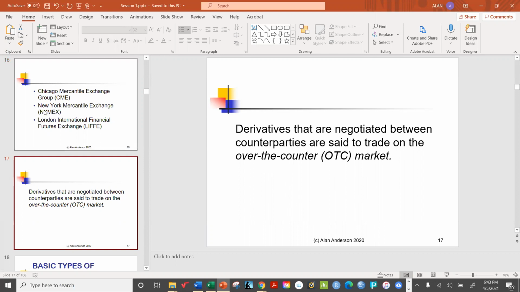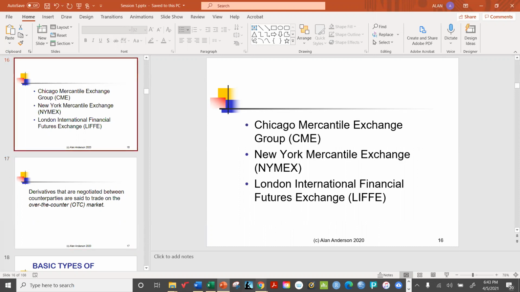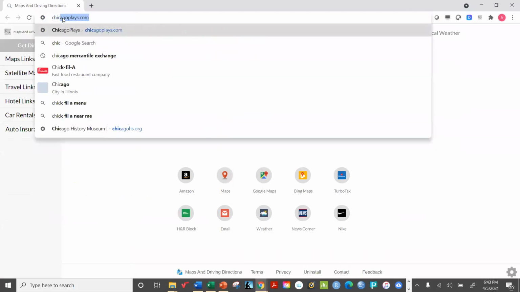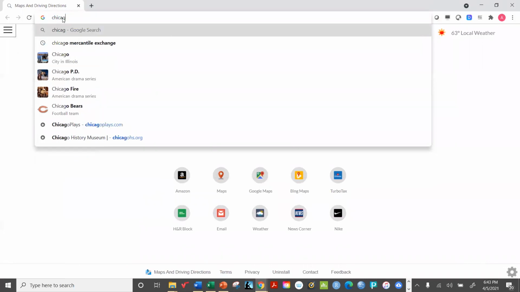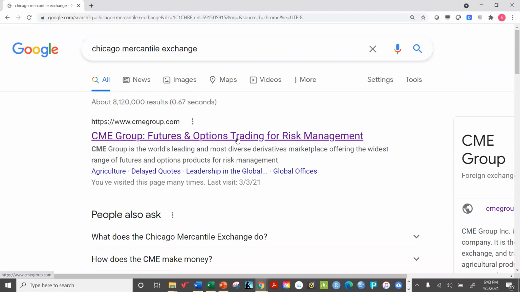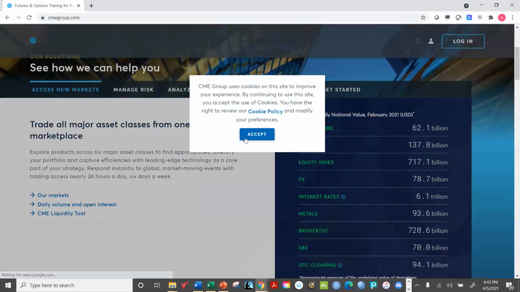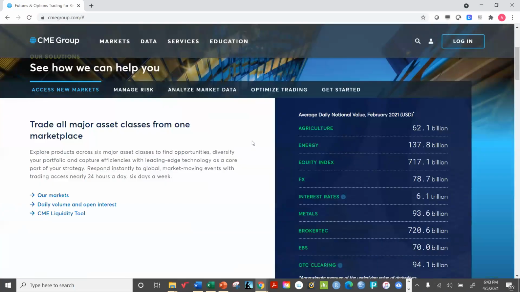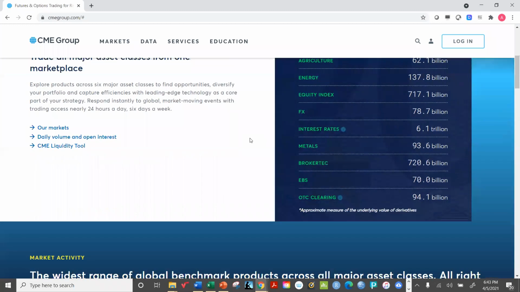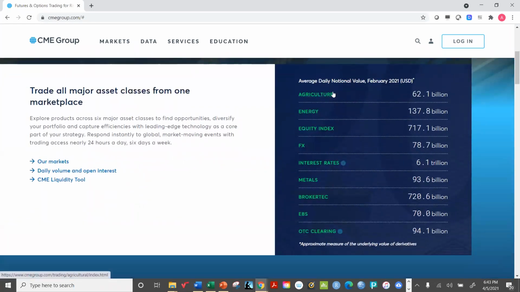Now, what I'd like to do, though, is show you the website for the Chicago Mercantile Exchange real fast. This is one of the biggest in the US, if not the biggest derivatives exchange in the United States. And so what they'll have here, and we'll go through these as we need them, is a list of the notionals. These are some of the different categories that you can buy through them. They have all these different derivatives based on these major categories.